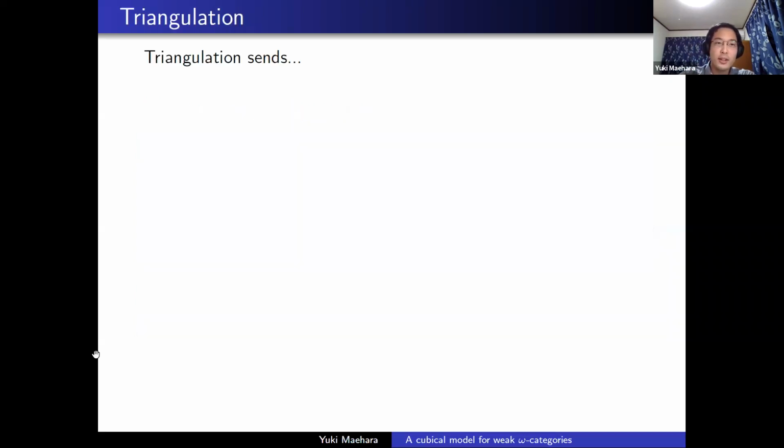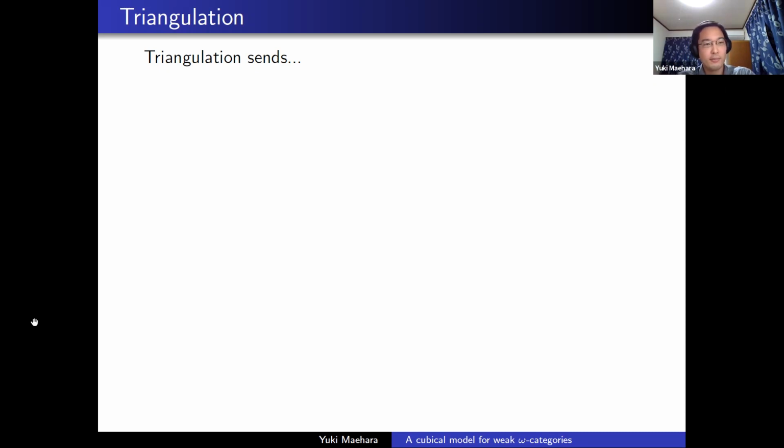So what we do, the first definition: we want to send cubes to triangulated cubes, but we also need to worry about the marking. The idea here is that the n-dimensional cube is the Gray tensor product of n copies of the one cube.